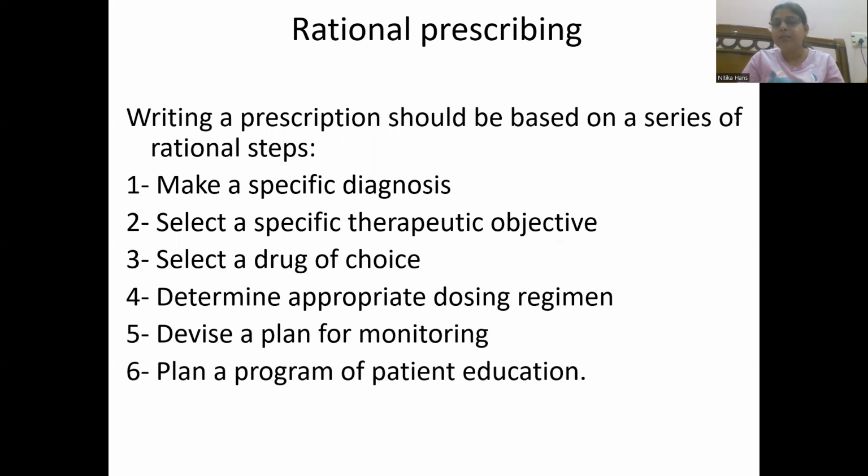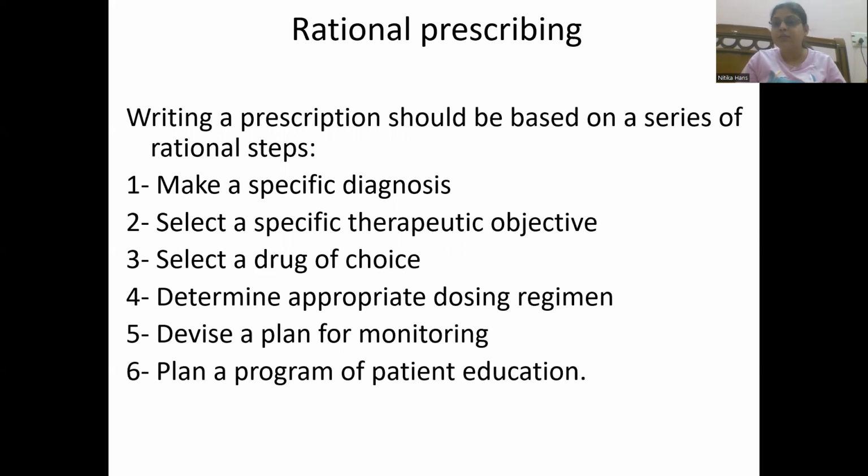Then he specifies the therapeutic objective, meaning the primary and secondary efficacy endpoints which are to be met. Like in blood pressure, we have to see the lowering of systolic and diastolic blood pressure, from the raised level to the normal 120 by 80 millimeters of mercury. Then select the drug of choice.